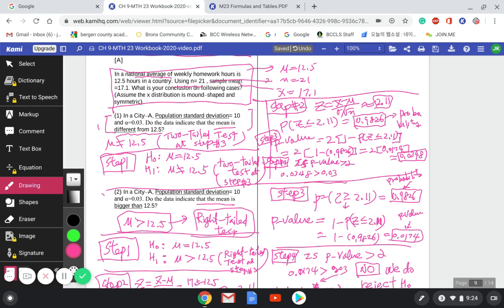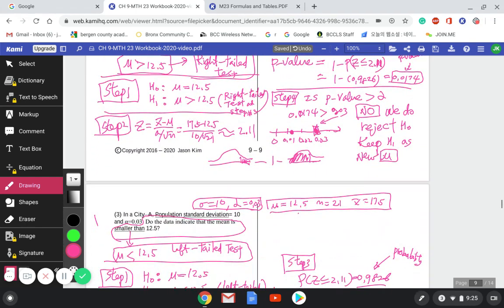So when you do the number line, yes, it is. So yes, it is bigger. So when they are bigger, we do not reject h of 0. So that becomes our final conclusion for this particular case. Okay. So that's how you prove 3 different types of hypothesis test.